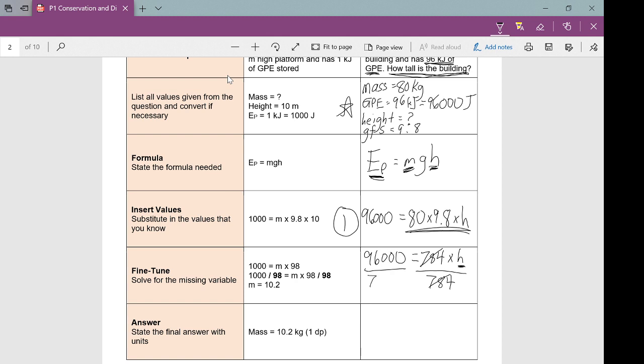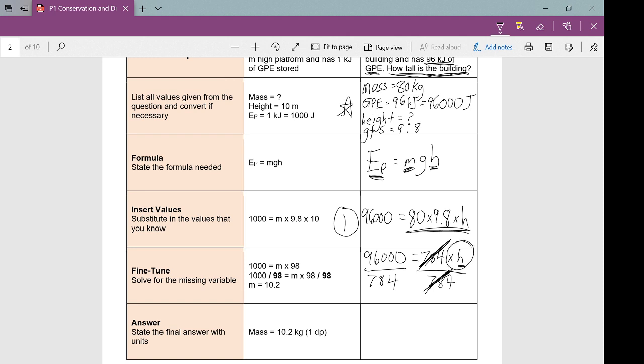I have to do the exact same on the other. So I'm dividing both sides by 784. So the 784 on the right-hand side got cancelled out. So I'm just left with that h by there.